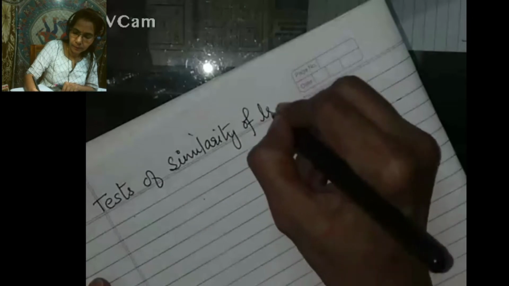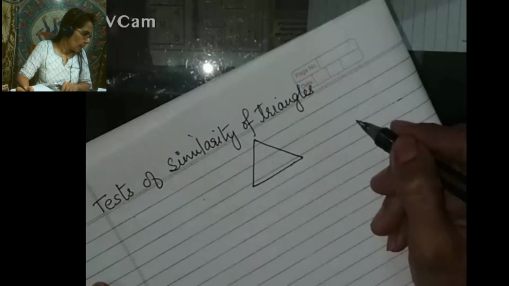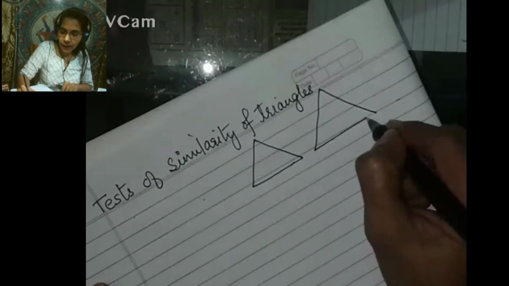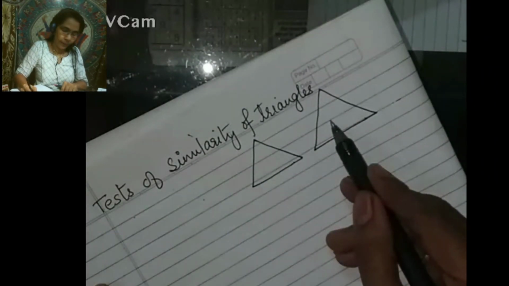Next, let us go to the tests of similarity of triangles. When I am talking about the test of similarity, here it is always taken as a correspondence between the vertices of any two given triangles.